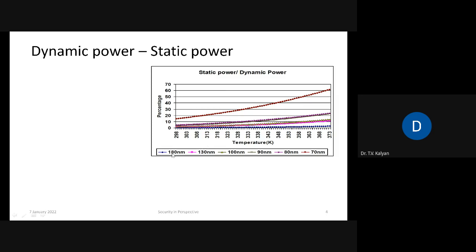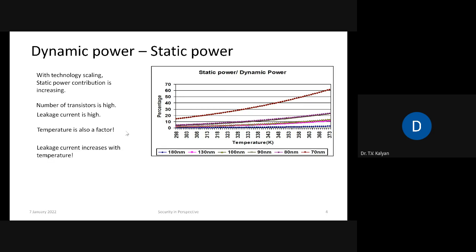And with technology node also, the static power component is increasing for any given temperature. So static power started becoming a bigger headache in newer generations, which implies that we can no longer take static power for granted, and we have to account for it even in the designs.